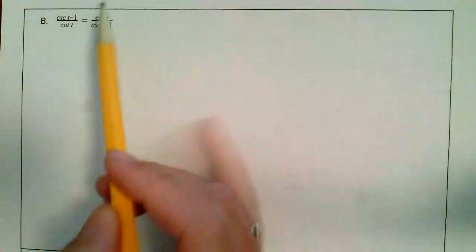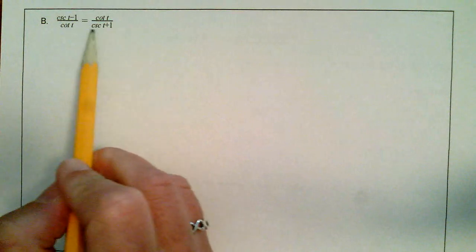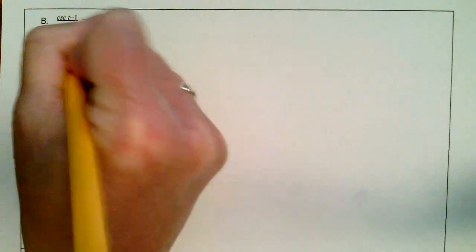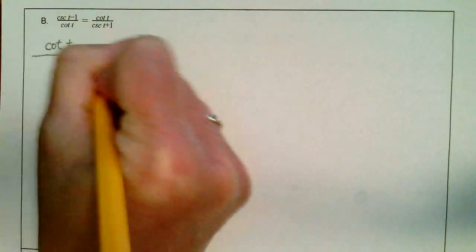Okay, our next one. Again, practice. I am looking at these two sides. They both have fractions. I am thinking that addition in the denominator is more complex than a single function in the denominator. So I am going to rewrite my right-hand side first.